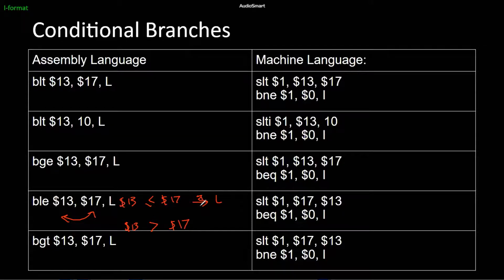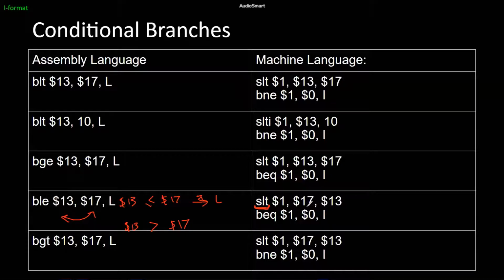But what we have here is set less than, so that is our machine language code. If you want to read this as a less than, you look at it from the other way. So instead of saying 13 is greater than 17, you say 17 is less than 13.